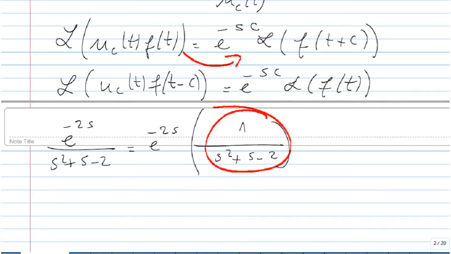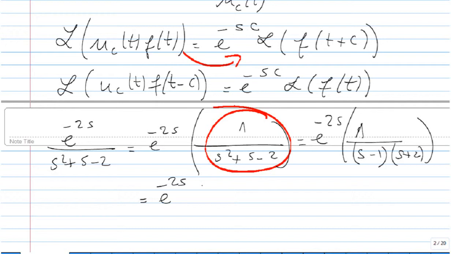For that, we need to do a partial fraction decomposition. So I need to factor the bottom. The bottom is (s - 1) times (s + 2), which gives me e^(-2s) times a over s - 1 plus b over s + 2.